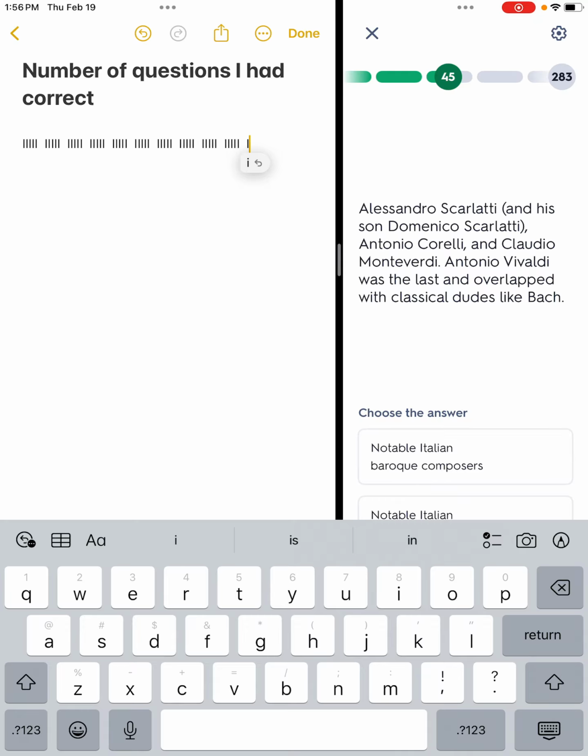Alessandro Scarlatti and his son Domenico Scarlatti, Arcangelo Corelli, Claudio Monteverdi, and Antonio Vivaldi was the last, overlapping with Classical figures like Bach.